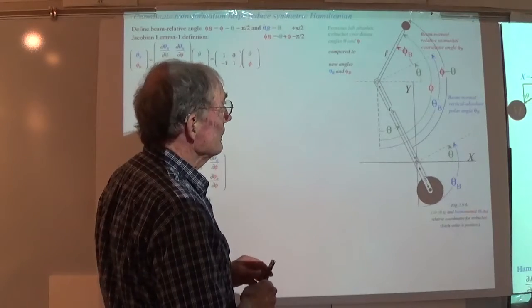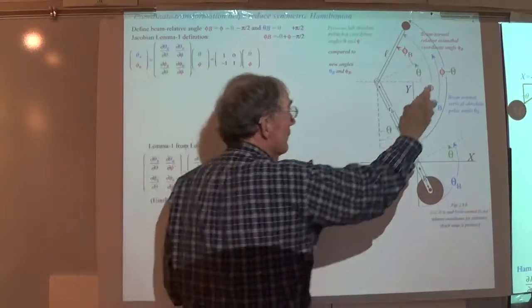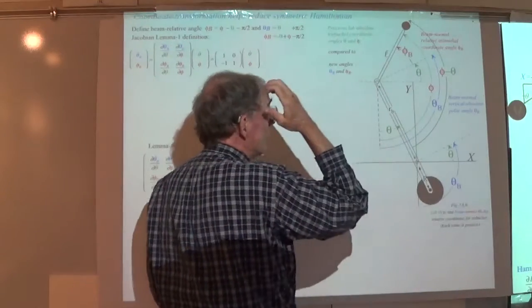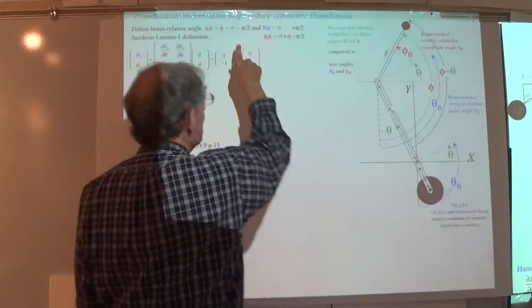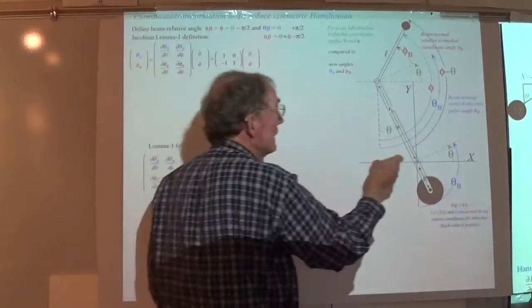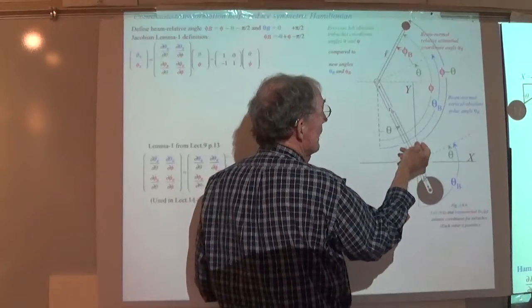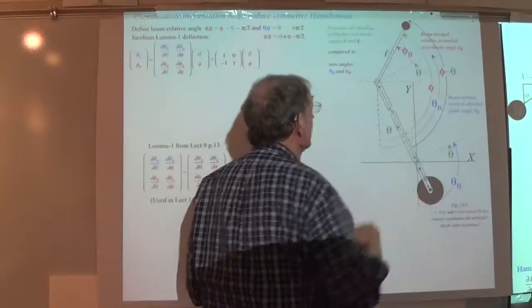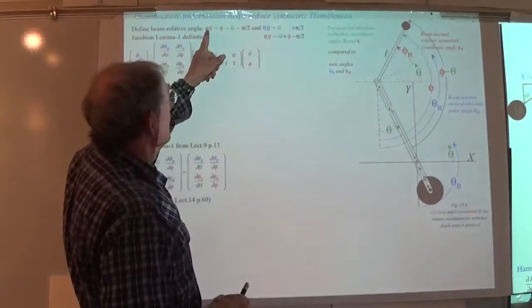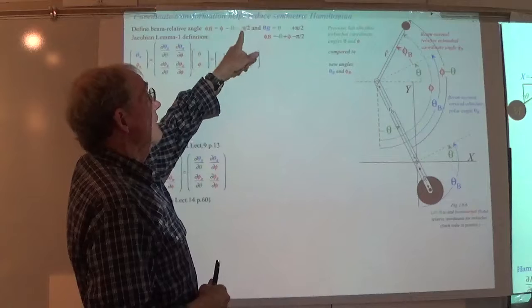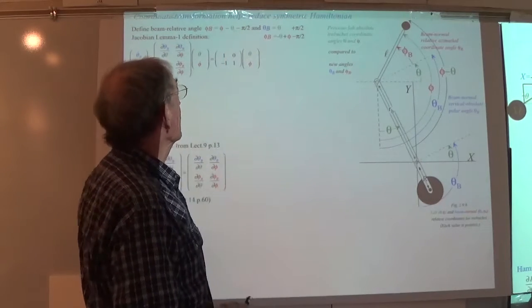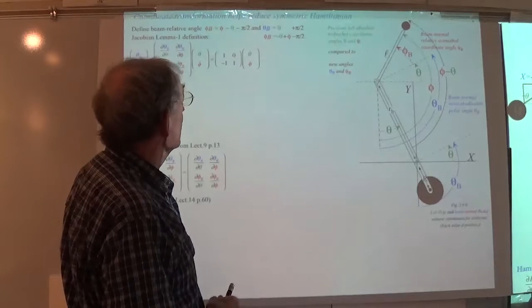So the difference between theta and phi is this right here, okay? And subtract from that a 90 degree angle, and subtract from that this angle right here. Okay, so that's phi b. Phi b is just the difference between them, but also subtracting pi over 2, and then that lets us write these two equations fairly easily.